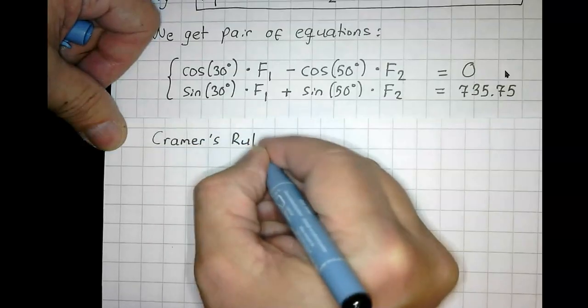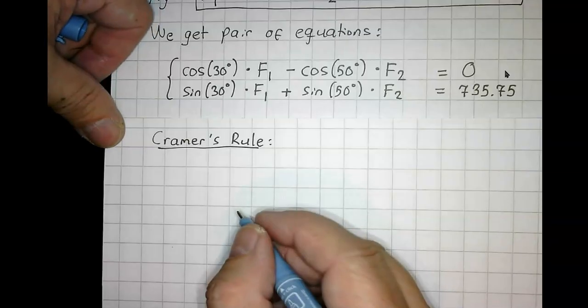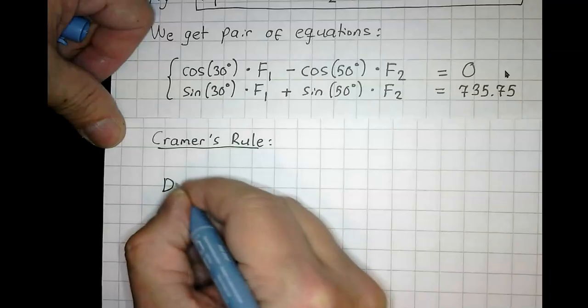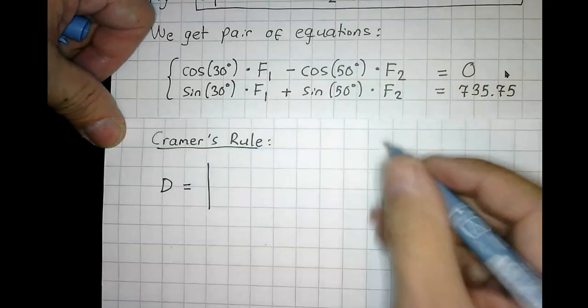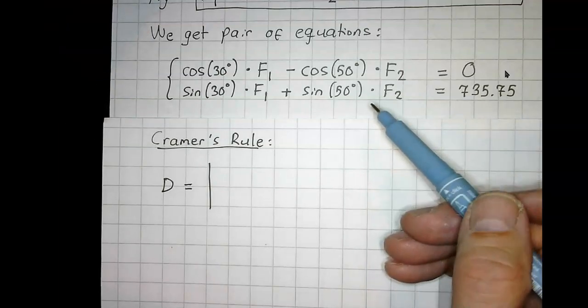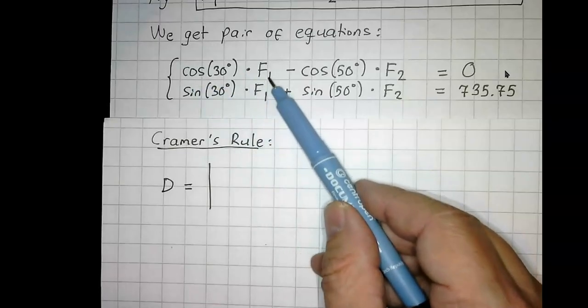Cramer's rule. First we have to create a determinant D in which we have only these factors in front of those unknowns.